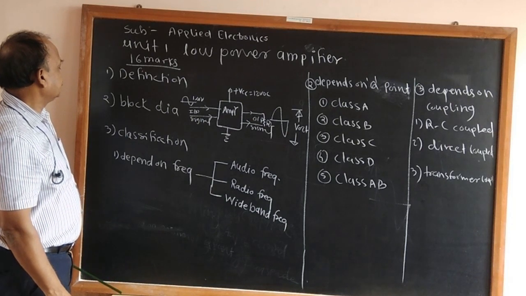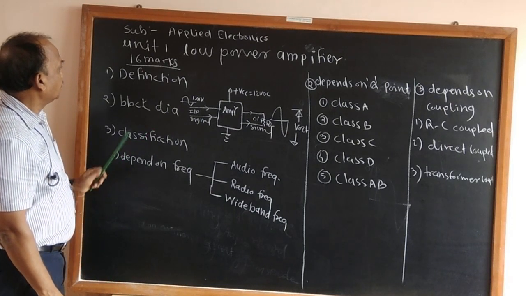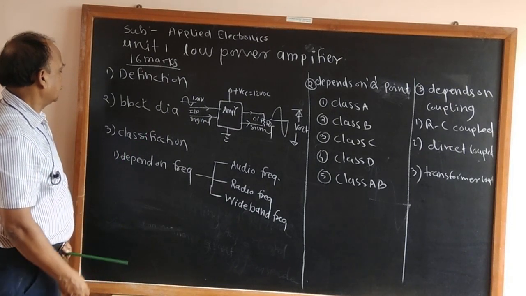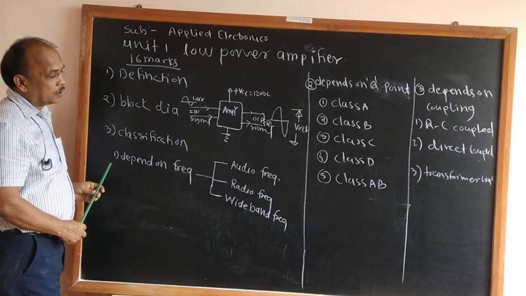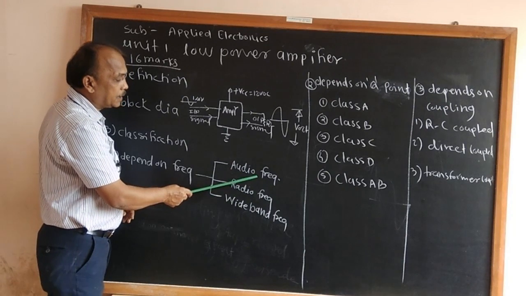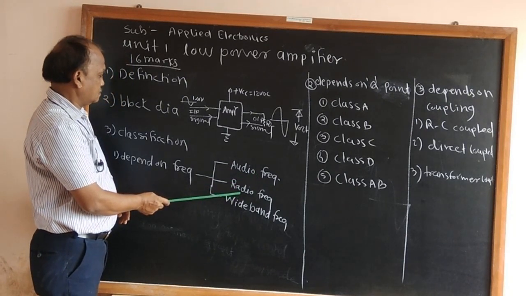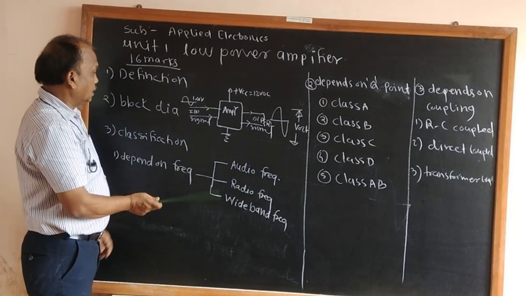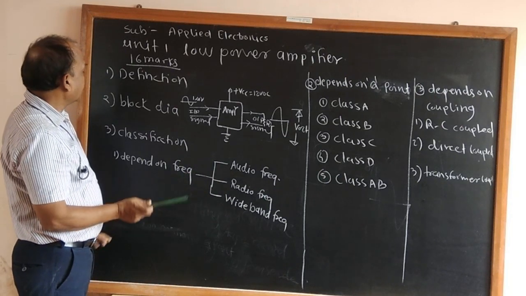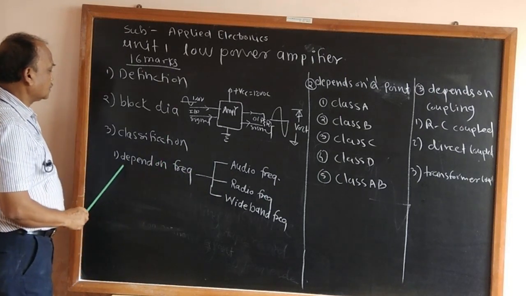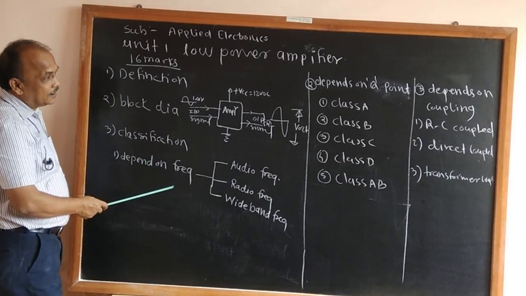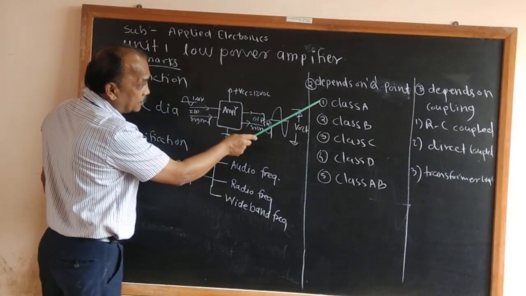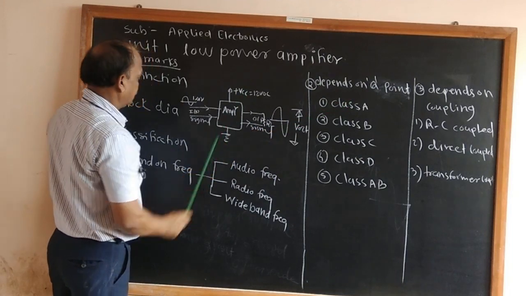Now we have to study the classifications of amplifiers. Low power amplifier. Now there are three classifications. It depends on the frequency, depends on the Q point, and depends on the coupling.